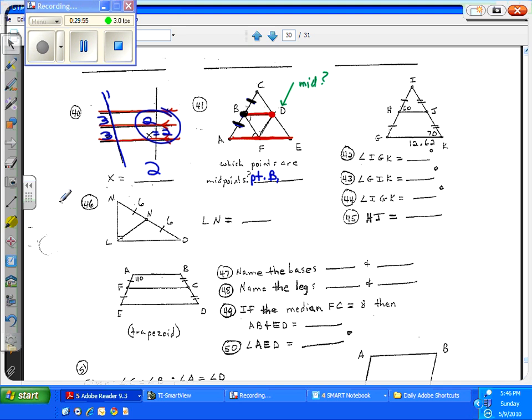Well, we have that this angle is equal to this one. Those are alternate interior angles, and so we can conclude that BD is parallel to AE. So now we can say that D is a midpoint, because if a segment hits the midpoint of one side of a triangle and that same segment is parallel to the second side, then that segment must hit the midpoint of the third side, and so we know that point D is a midpoint.